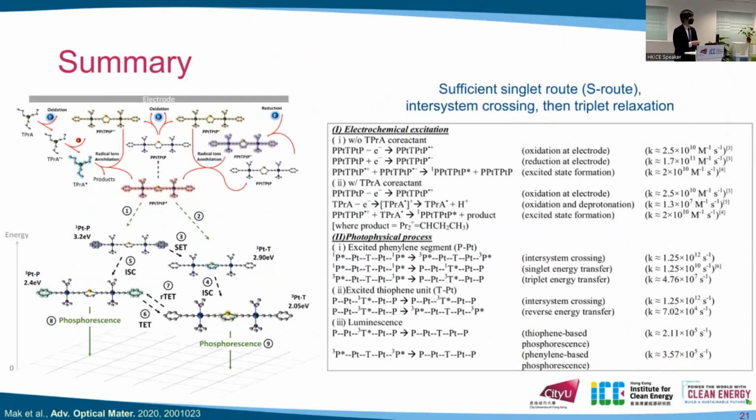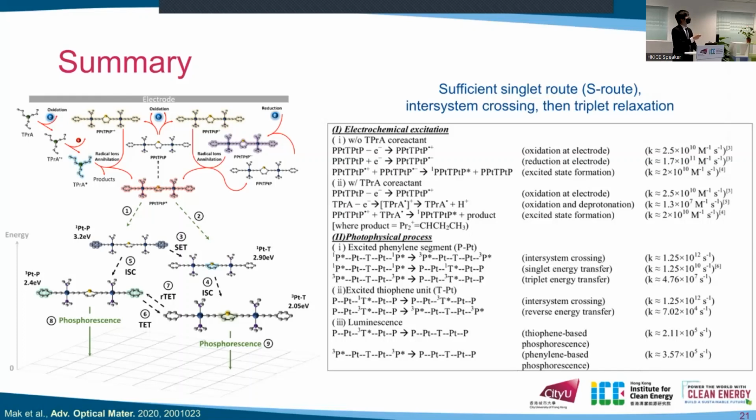And this is the overall summary of how my target compound goes through the ECL process. We use the electrochemical method to excite the molecules, and we use the photophysical method to illustrate the charge transfer dynamics after the excitation.